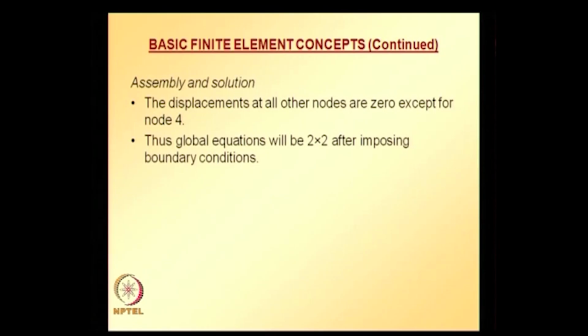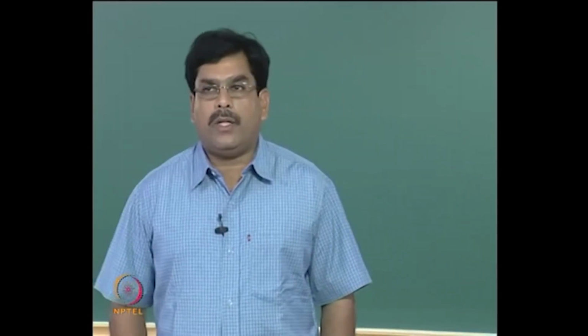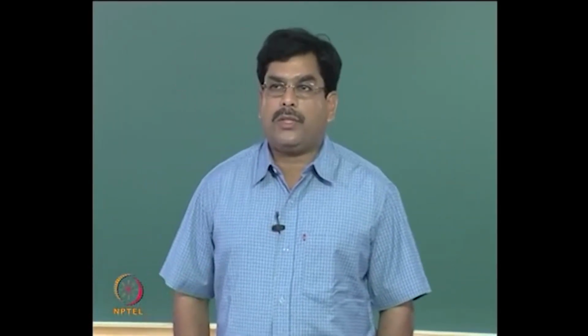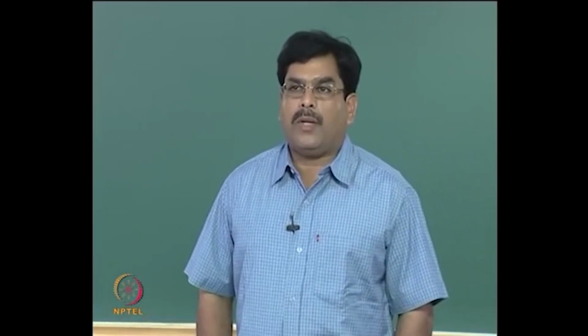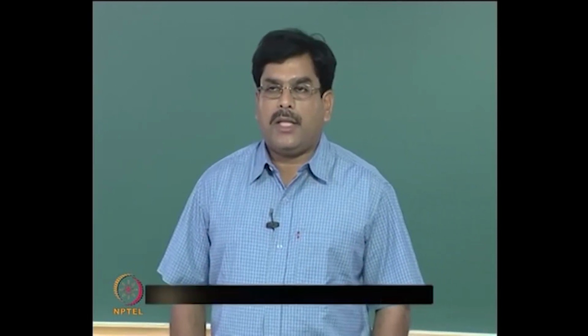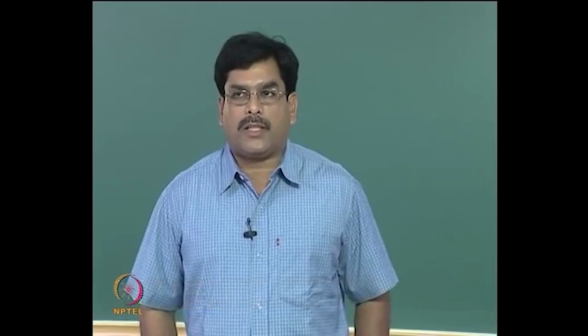So, at each node you have 2 degrees of freedom. So, the final global equation system or global stiffness matrix will be of dimension 8 by 8, but instead of assembling the entire 8 by 8 global stiffness matrix, we can directly assemble the reduced global stiffness matrix by deleting rows and columns corresponding to the nodes at which displacements are 0.